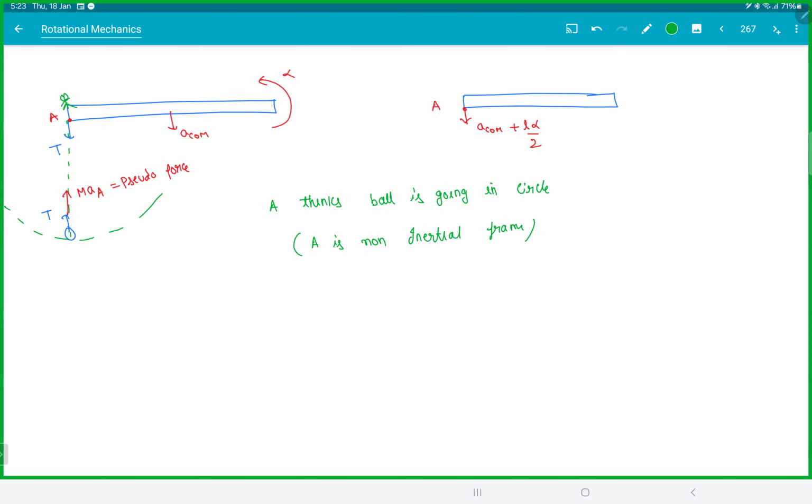This is the pseudo force. Next thing, since it is going in a circle, there will be a centripetal acceleration, which is u square by L, because it is going in a circle. There are actually two things here: one is a pseudo force and one is a centrifugal force. I'm using centripetal acceleration here. Or if you want, I can use centrifugal force, because you're going in a circle, there'll be a centrifugal force away from the center.